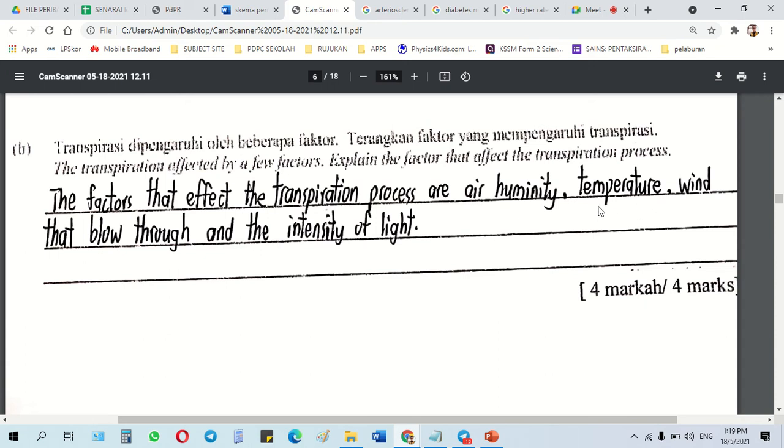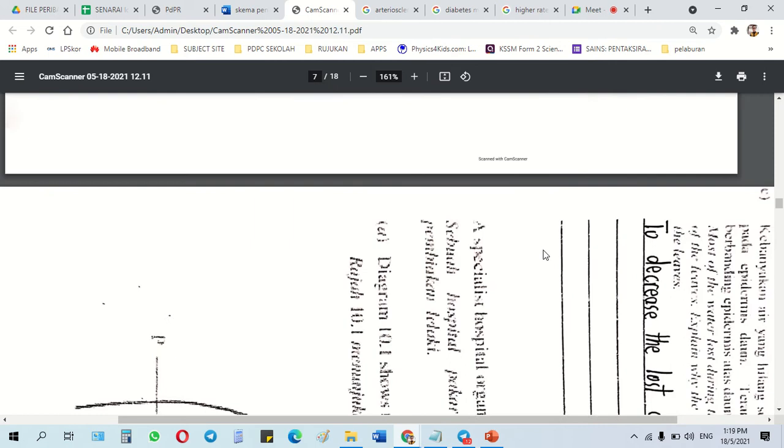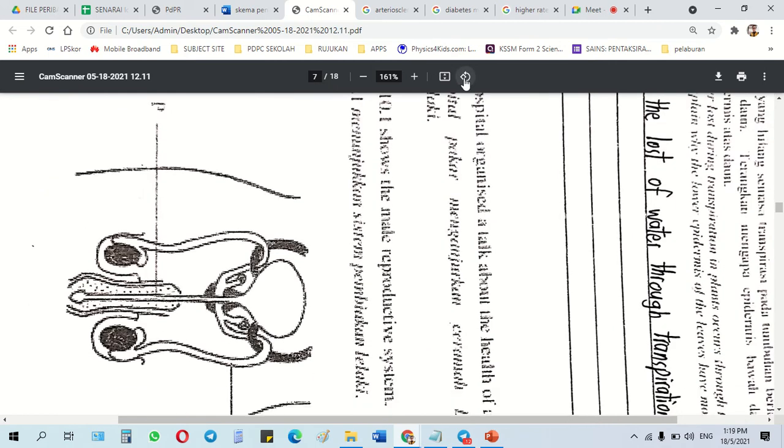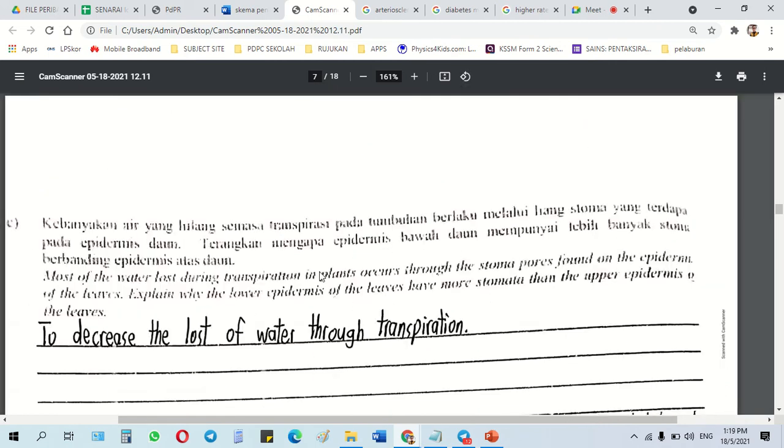So let's say temperature higher, rate of transpiration tu tadi macam mana? Higher or lower? Kena bagi tahu macam tu. Okay. So this one is, kalau tak ada explanation, kita bagi tahu hanya dapat markah untuk factor saja. Untuk explanation tak ada marks. So baca soalan betul-betul lah. Kalau tak, rugi markah dekat situ.